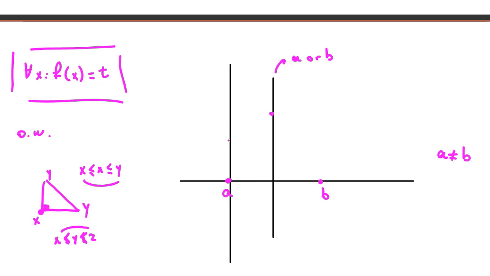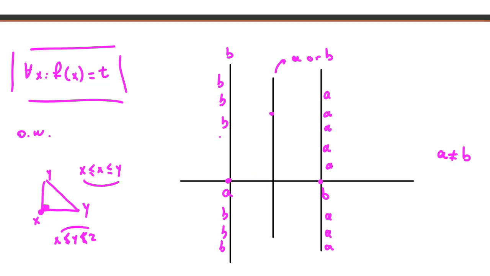So all things on this line, like this, should be b. Okay, all of them should be b. And if you consider also this line, all here should be b because of this a, b. And for this b, all things here should be a. Okay.